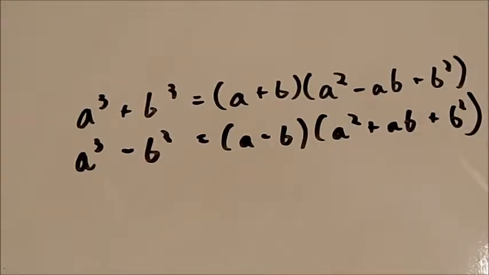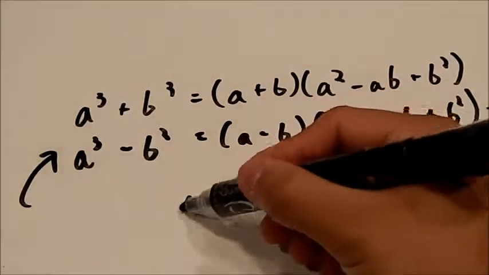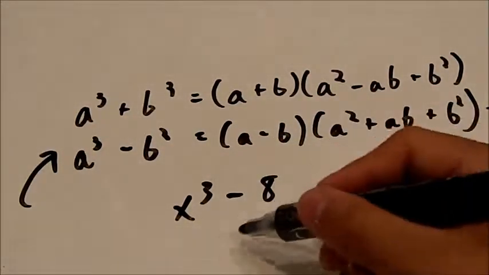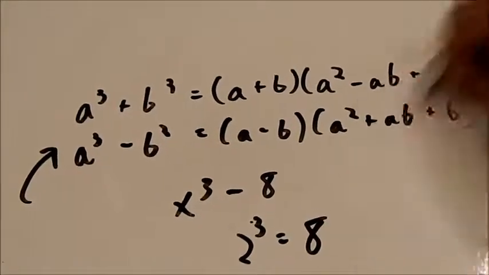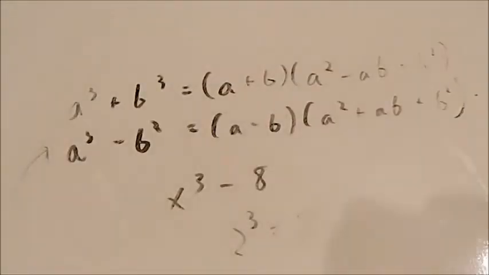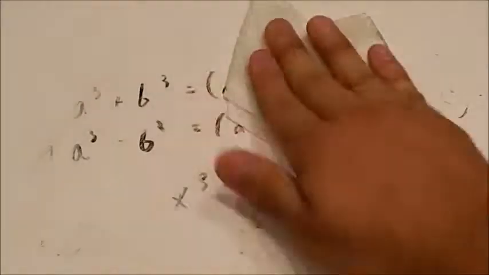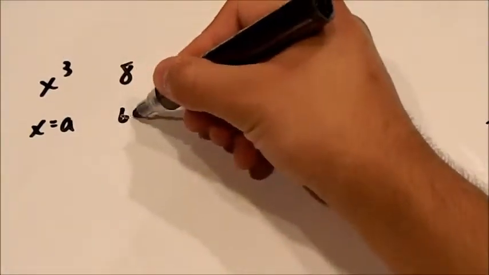Now in the case we have here, it would be the difference of two cubes, because we have an x cubed and we have an 8. And 8 can be evaluated with a cube root, and we would get 2. So let's factor the top portion of this function using the difference of two cubes method.